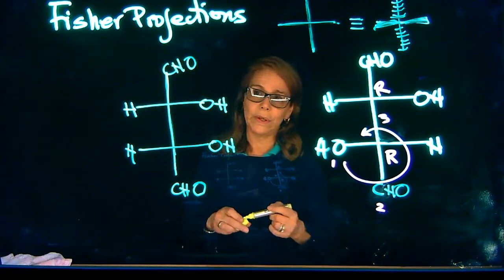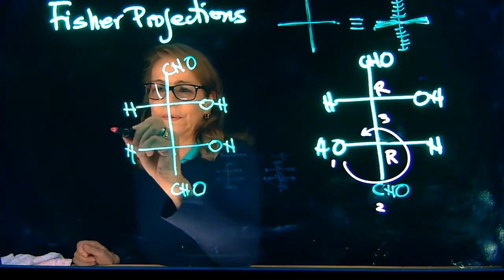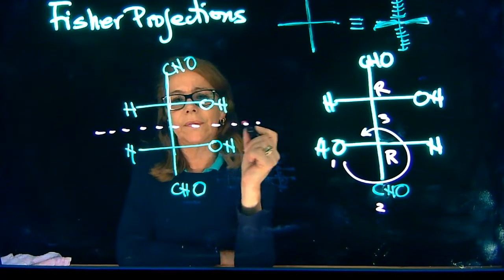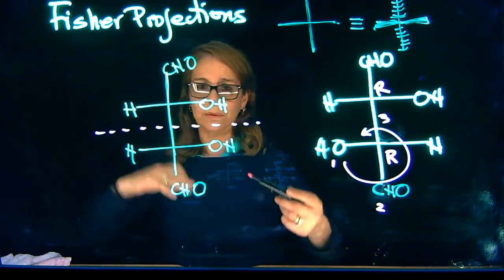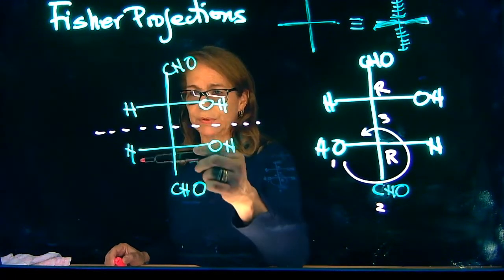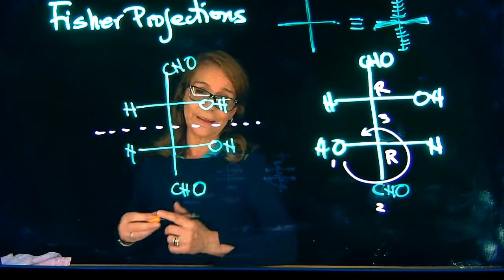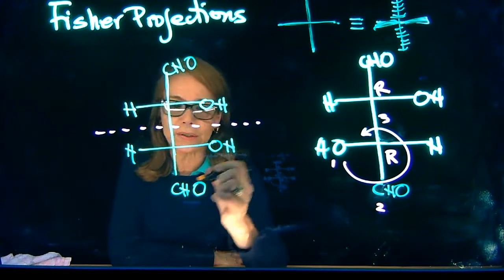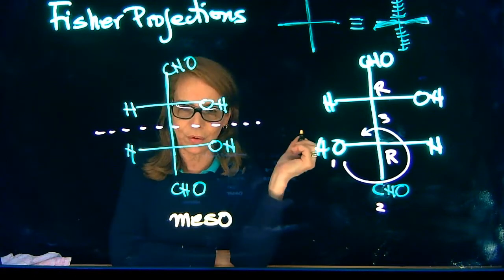Now, what we're looking at here is a molecule that has a plane of symmetry. In other words, if you put a mirror here in the middle, you will see that OH mirrors the OH, H mirrors H, and aldehyde, aldehyde. That's something that we learned in other videos with different projections, but here we identify this as a meso compound.